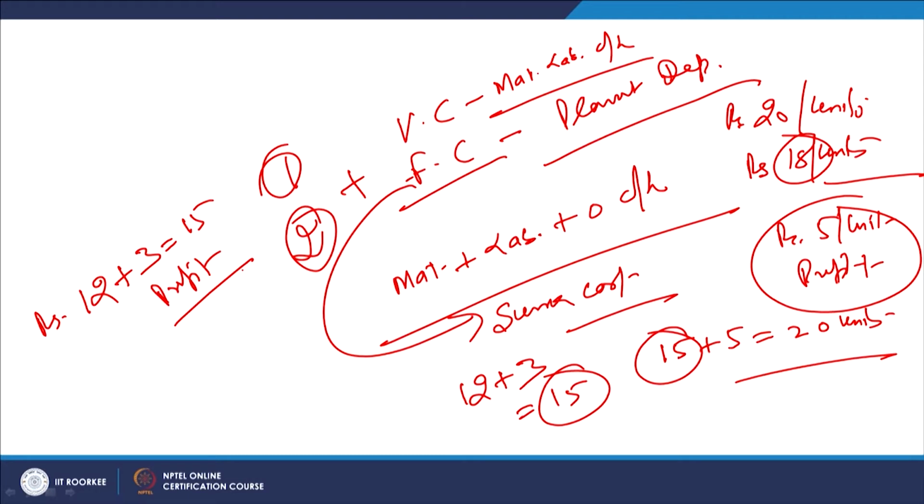But for example, now the price of the product in the market goes down further. It is no longer selling for 18 rupees, maybe because substitutes or suppliers in the market are more efficient in the production process.